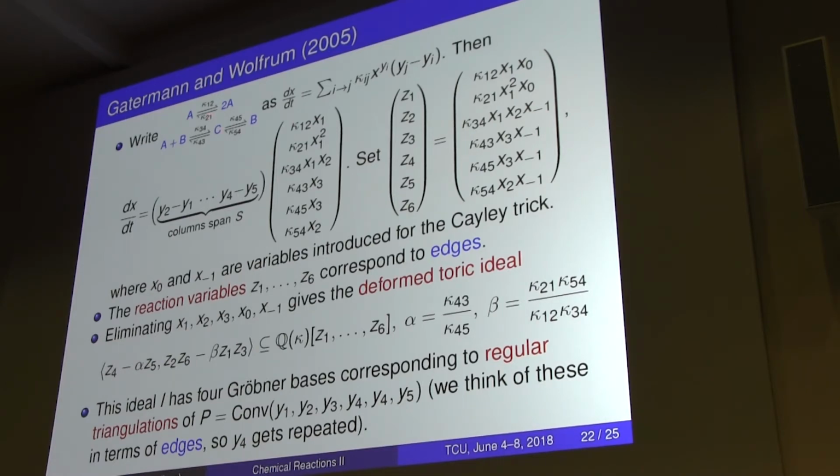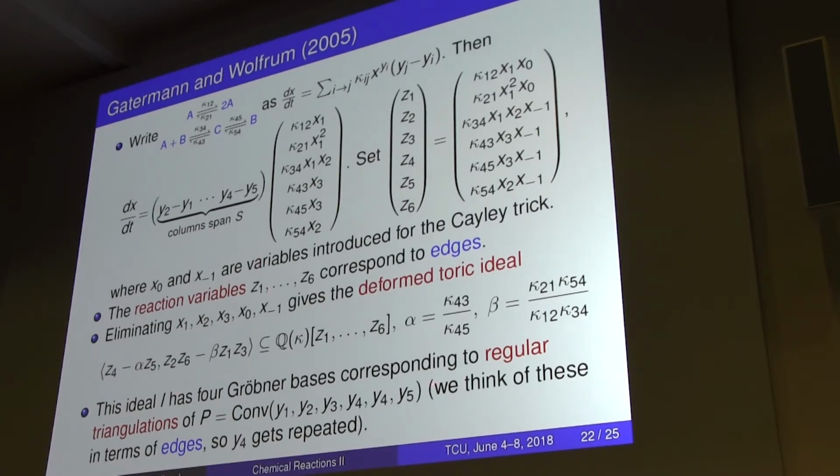The second reaction, here the source is y2. And what's interesting is that when I get to the fourth reaction and the fifth reaction, so the bottom one there and the top one there, they have the same source. And so that's why I repeat y4. And so again, I'm thinking of these in terms of edges, so y4 gets repeated.